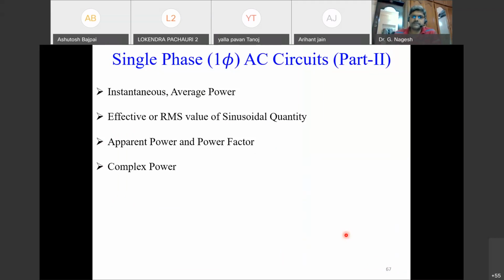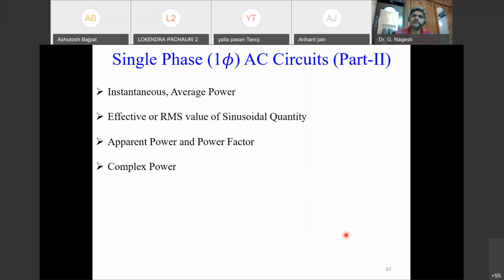And Thevenin's theorem, superposition theorem, even Norton's theorem can also be applied. The same set of rules which were discussed for DC circuits are applicable for AC circuits also. Only thing is in AC circuits we are dealing with phasors. Okay, and a time domain quantity can be converted to a phasor domain and phasor domain can be converted back to a time domain. Okay, so all these things we have discussed till now.